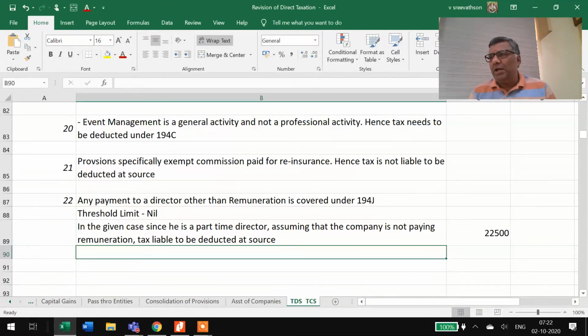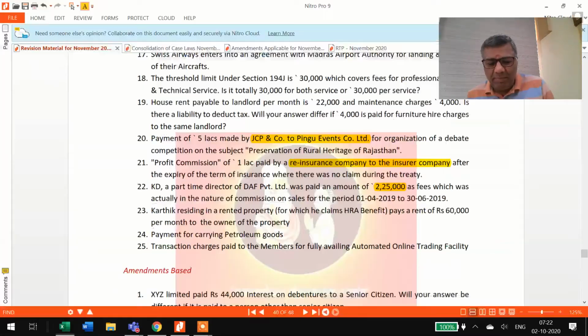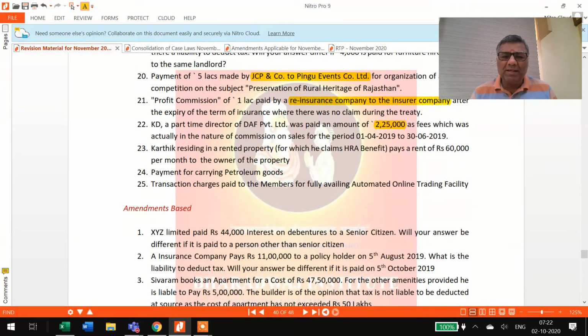You can also write the alternative view. If it is taken as remuneration, it will form part of salary and we will be able to compute. But generally, for a part-time director, they don't pay remuneration.